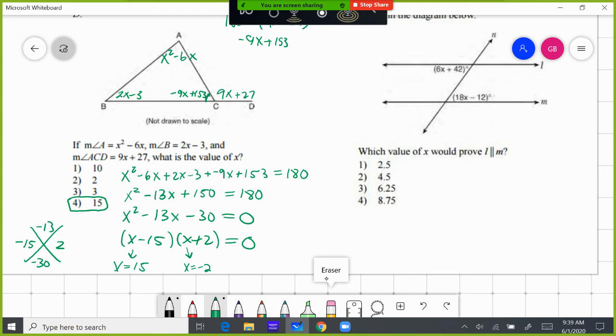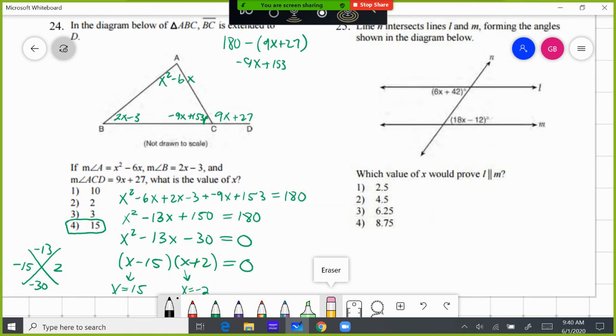So if you plug in negative 2 here for x, you get negative 4 minus 3, which is negative 7. And inside of a triangle, you cannot have a negative angle. So that's why negative 2 is not a practical solution to this problem. Only 15. Okay, that one was involved.